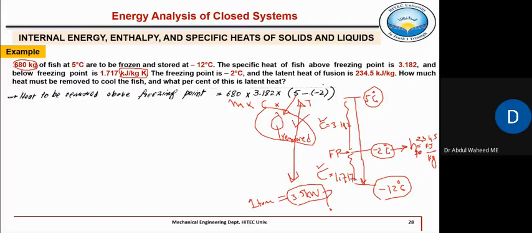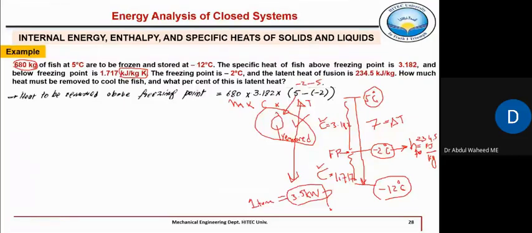Right? So 5 minus 2. So the total drop in temperature from 5 to minus 2 is 7 degrees Celsius. This delta T is 7 degrees Celsius. You may write it as minus 2 minus 5, final minus initial.